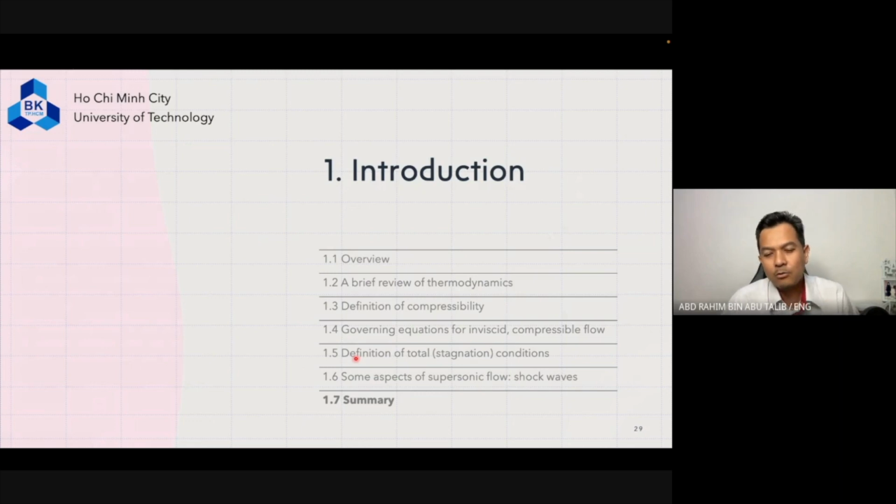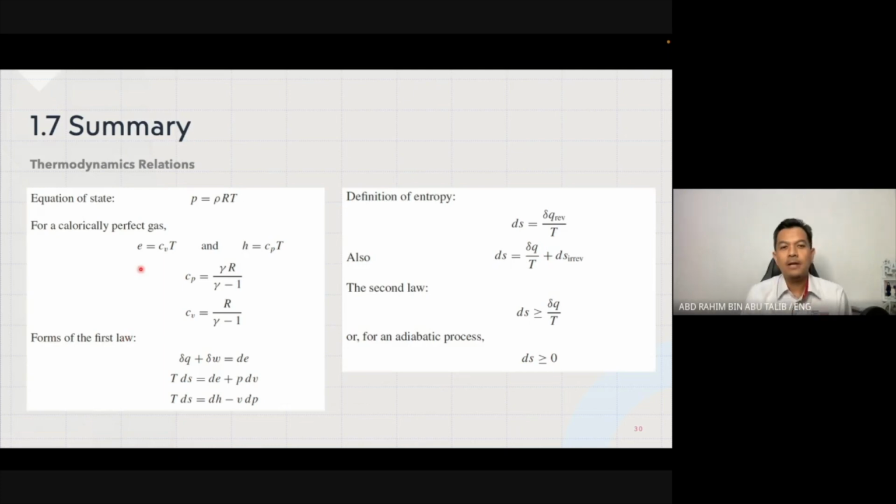We went through two examples on the definition of total stagnation conditions and some aspects of supersonic flow, just to introduce to you the expected topics and subtopics that we are going to cover in the near future. We will cover them in week number 3 later on.